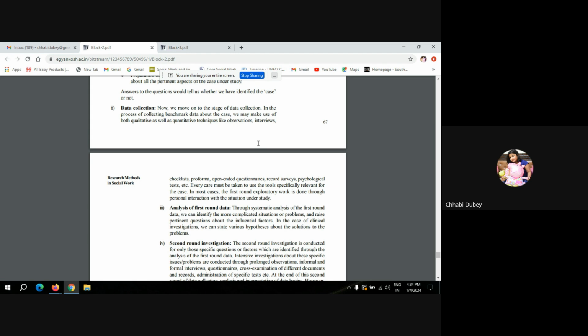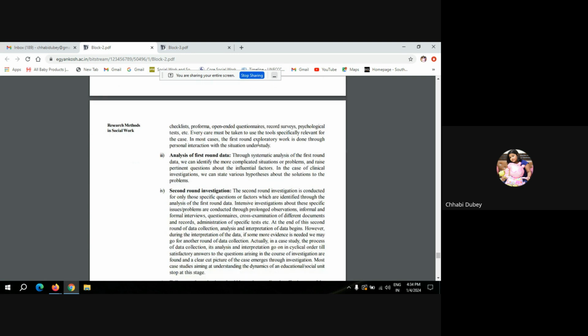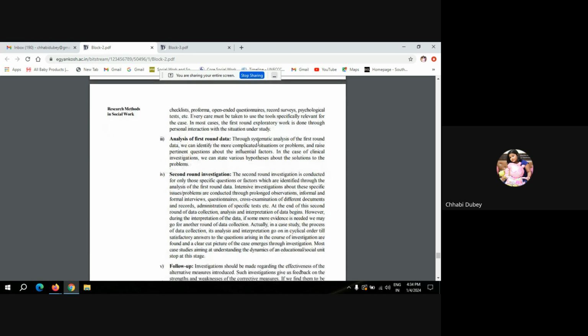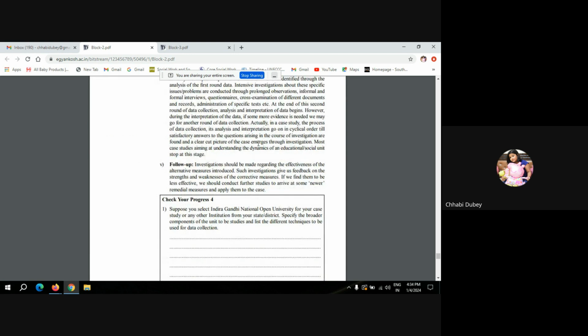Then the third step is to go for analysis of the first round of data. So whatever data we have collected in the first round, we will analyze that data and come up with some initial hypothesis. Then we go to the second round of investigation, and we go through all of these things again. We say it's a cyclical process, as we've already discussed.